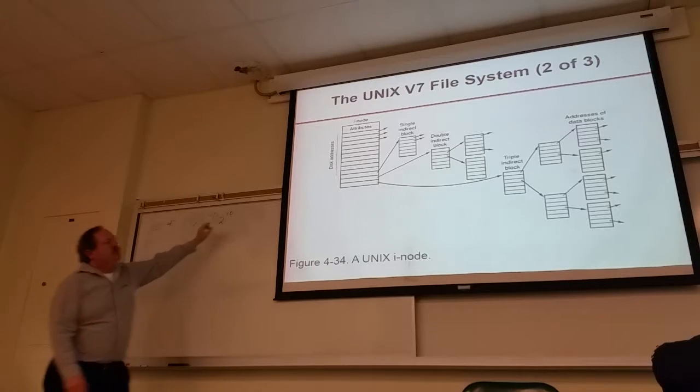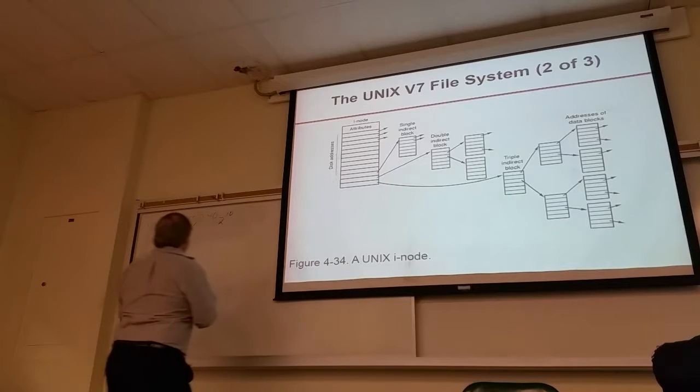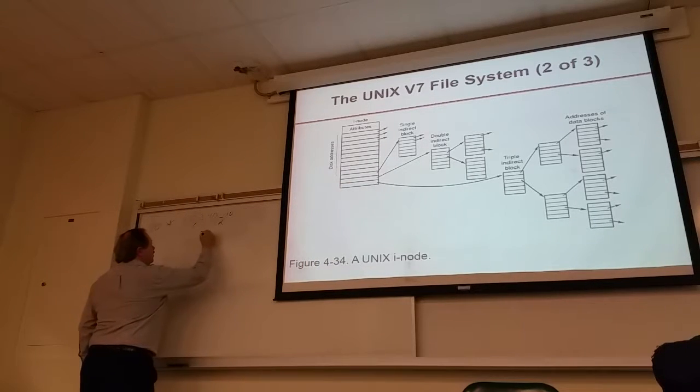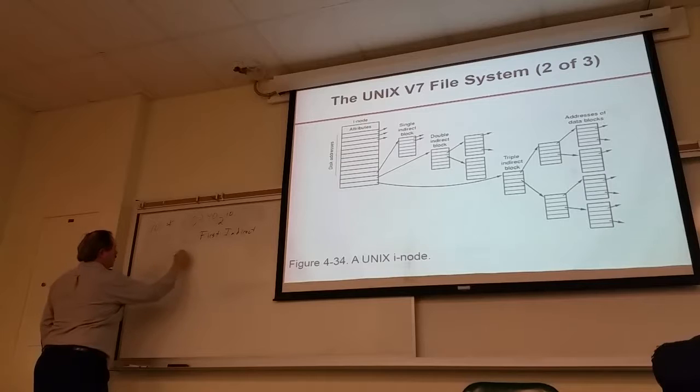So now I have this thing that I'm going to call first indirect. That block is called first indirect. Just like in our previous example, we're going to take this 1024 size block and divide it up into 4 chunks.